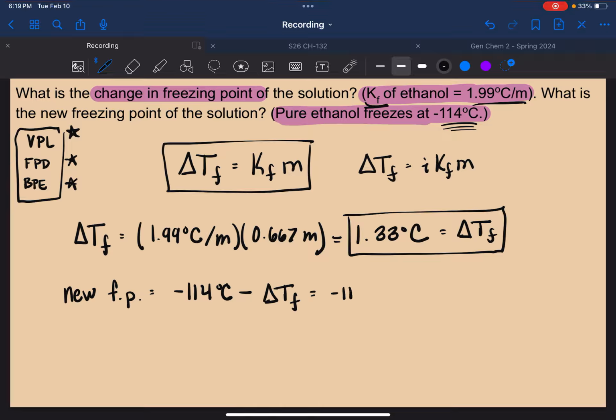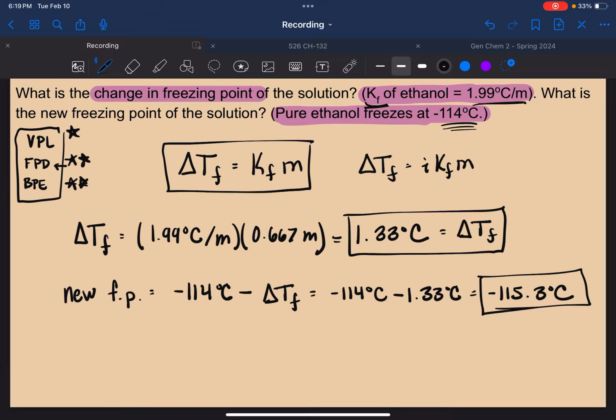So negative 114 degrees Celsius minus 1.33 degrees Celsius. You should have a new freezing point of negative 15.3 degrees Celsius for your ethanol that contains strawberry flavoring. And you must remember that you have freezing point depression, and then you can check yourself. This makes sense. The freezing point is more negative. It's gotten lower, so we can feel good about this.